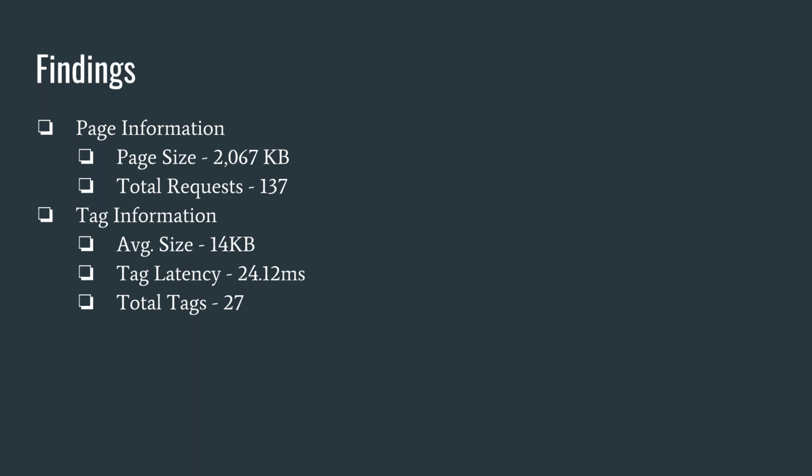What we're able to collect when scanning is all tag requests, all tag behavior that happens on the initial page load, as well as page information and some timing information from the browser. So thinking back about those different metrics that we're really looking to optimize, I pulled out some of those findings to see where the top websites globally, whose function is to make money, stand.